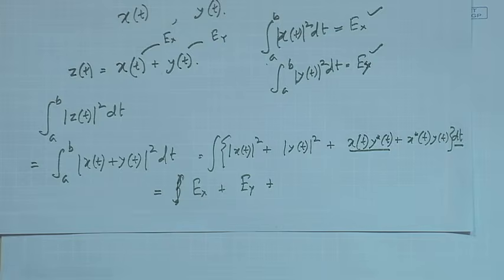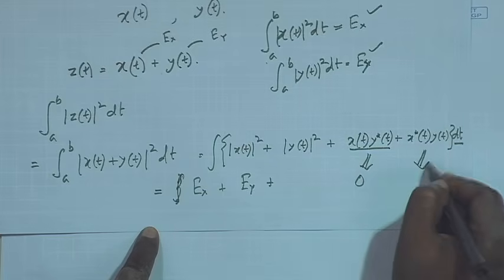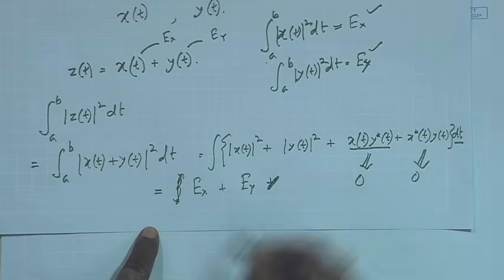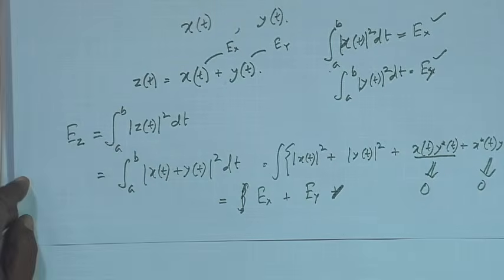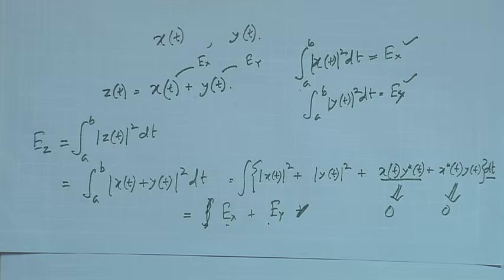If you take orthogonal signals, take the complex conjugate of one, multiply and integrate over the period where the signal is defined, it will always be 0. So, these cross terms are 0. Basically, the energy of z is just the summation of the energy of x and y. This is a very fundamental result which has big implications.